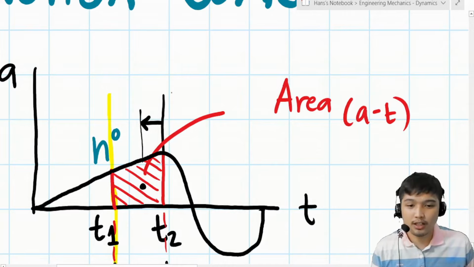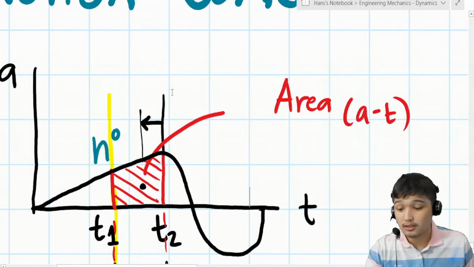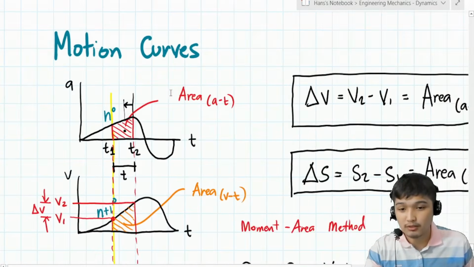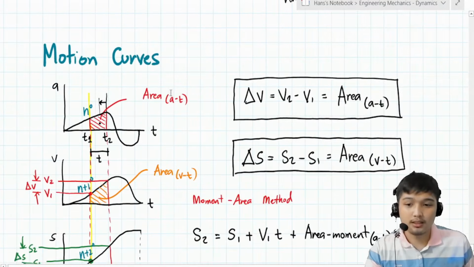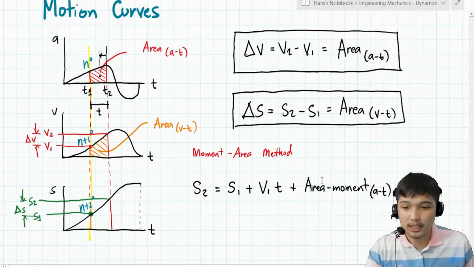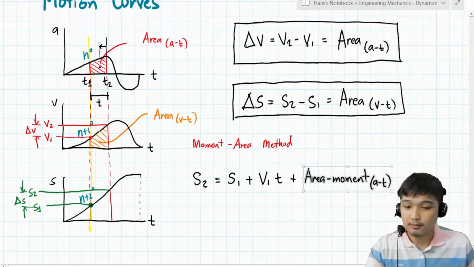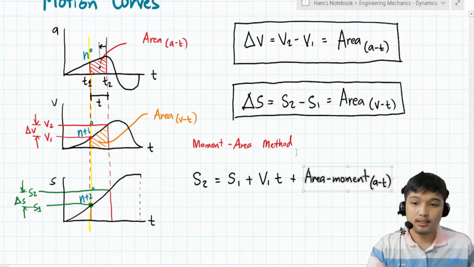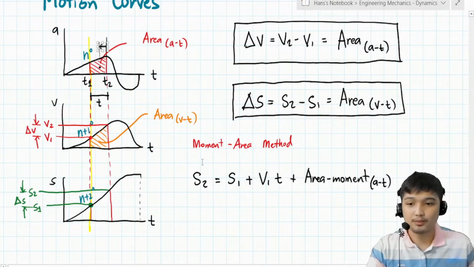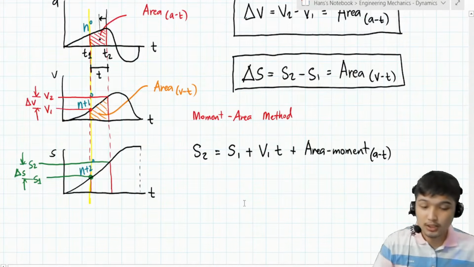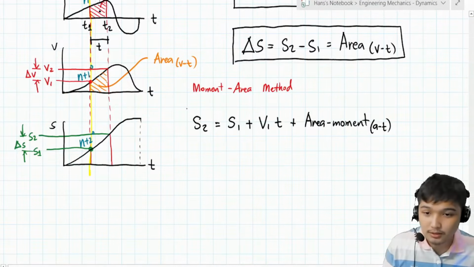Yan na yung gagamitin nating moment arm, which is in that case, hindi ko na siya pe-present dun sa formula, kasi iba-iba yung distance na yan. So, that's why pinakita na lang natin siya dito as area moment. Okay? So, i-moment natin yung area at point T2. Itong distance na to. Ganun lang siya gamitin guys. Makuha na natin yung S2.